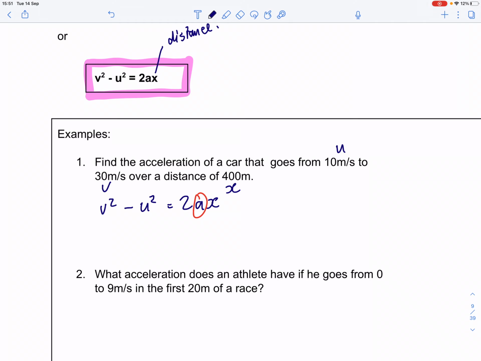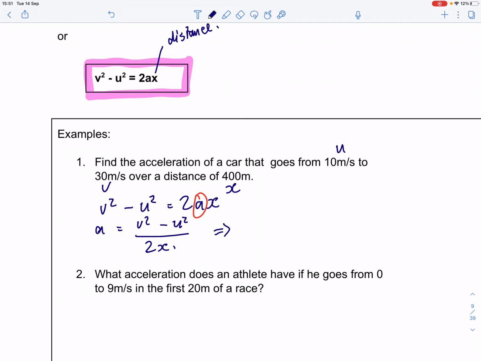So a is multiplied by both 2 and x, so we divide both sides by 2x, and that will leave a on its own, which gives us a is equal to v squared minus u squared divided by 2x. Now we have our equation to find the acceleration, so let's plug the numbers in.